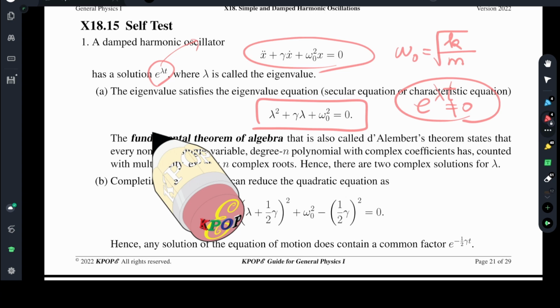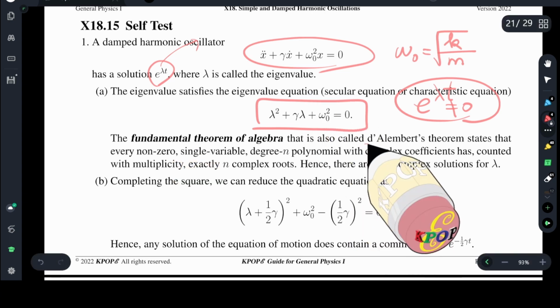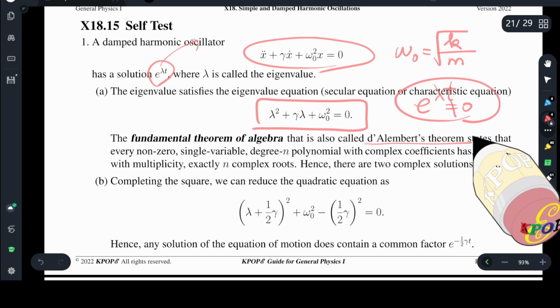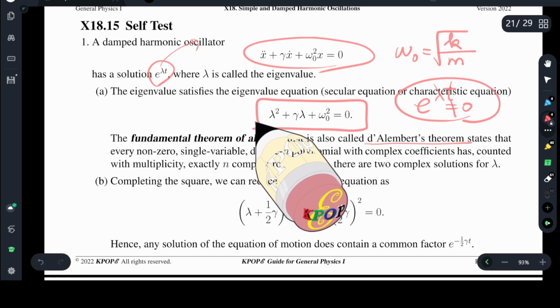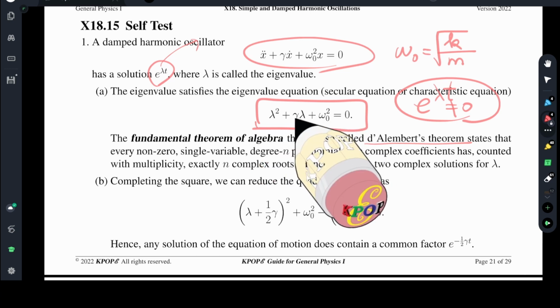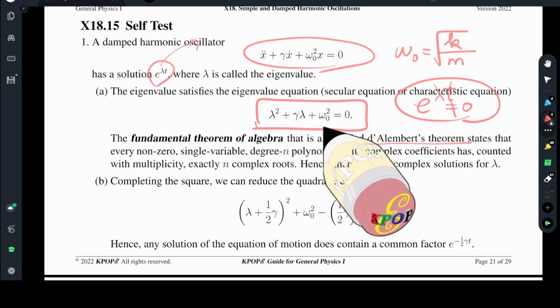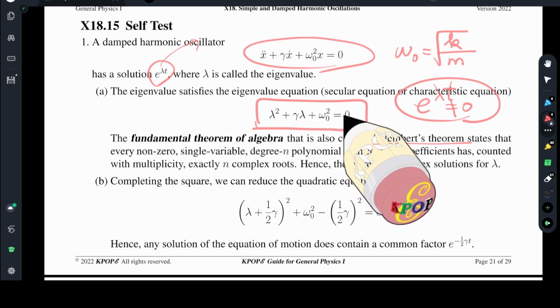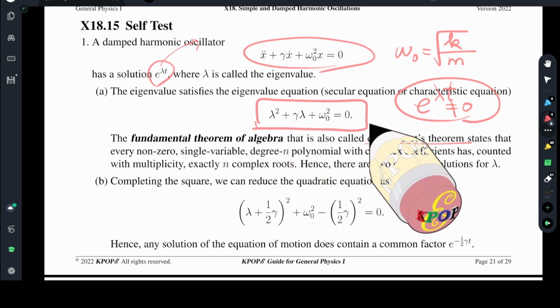The fundamental theorem of algebra, developed by D'Alembert, states that any polynomial equation of degree n has n complex solutions when the coefficients are complex numbers in general. According to that, the quadratic equation has two solutions.